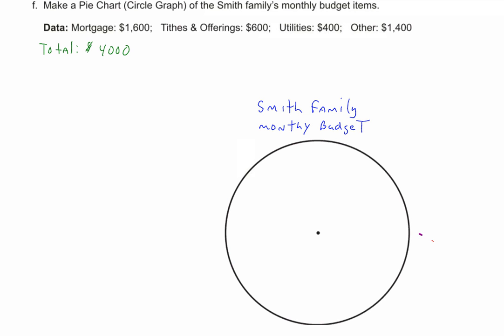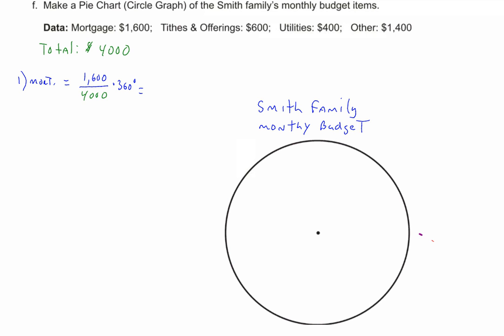So for my first piece, I'm going to do the mortgage. I'm just abbreviating right now because I want to keep track of what I'm doing. Do you remember the formula? It's the amount you're dealing with, the mortgage, so 1,600 divided by the total, 4,000, and then times the 360 degrees.